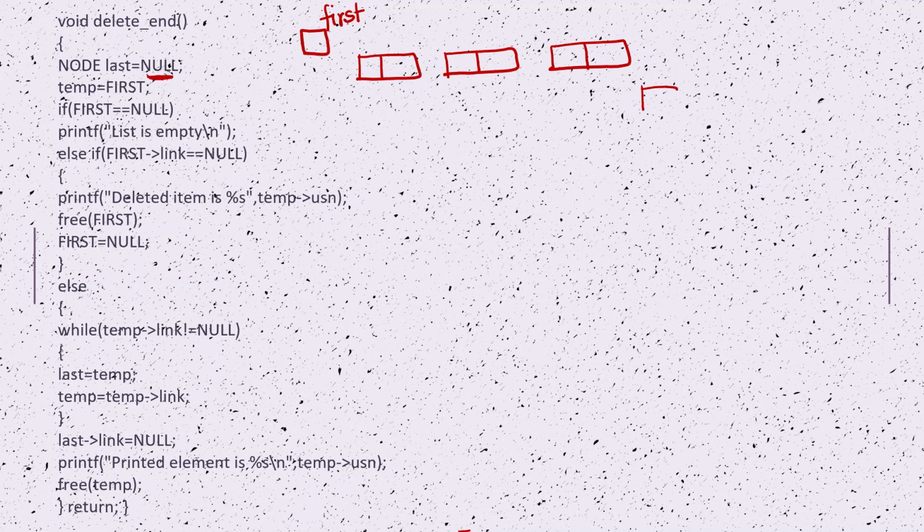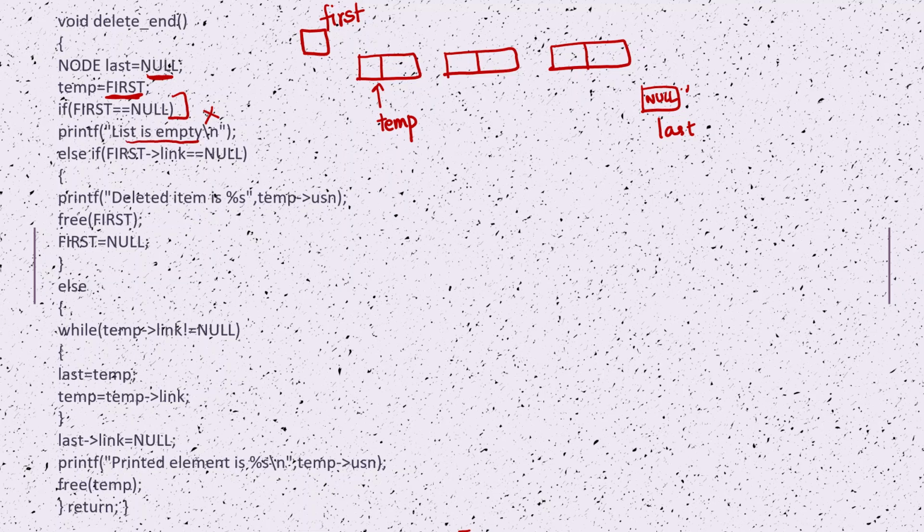Okay. I've taken one node called last, and that will be containing null. Okay. Now, first is temp. So this will become your temp. Okay. Again, if the list is empty, nothing to be deleted. So we are saying list is empty.